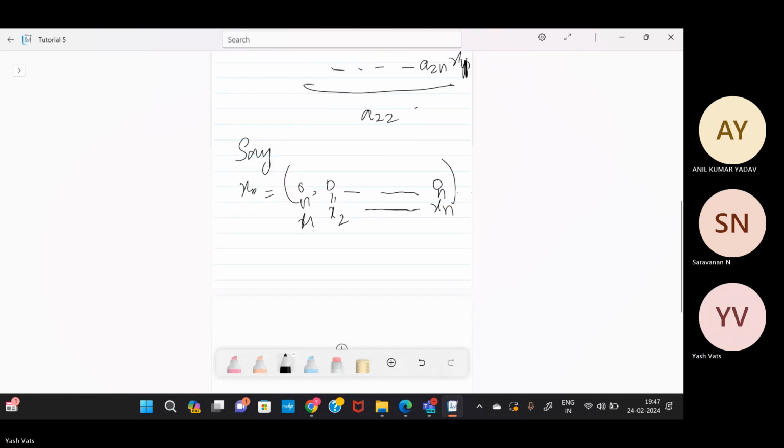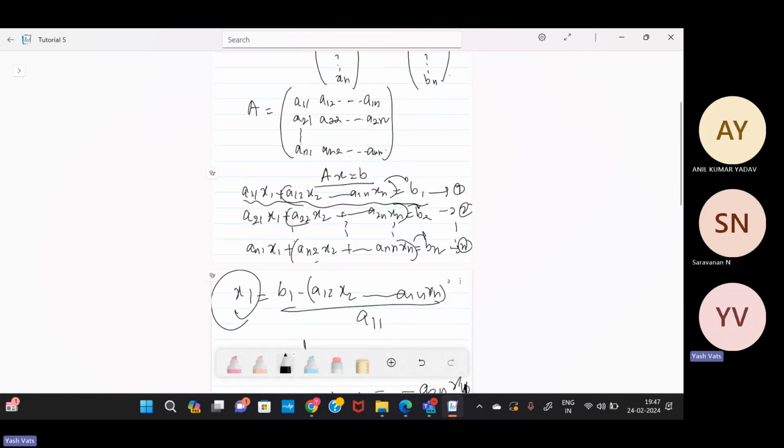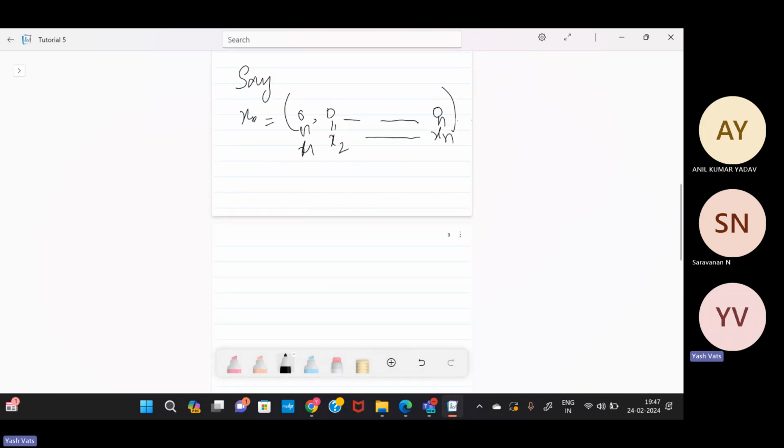Then you try to find the value of x1 by substituting these vectors. This is your first iteration. You substitute x2, xn to be 0, and you find the value of x1, x2, and so on. Are you understanding this?